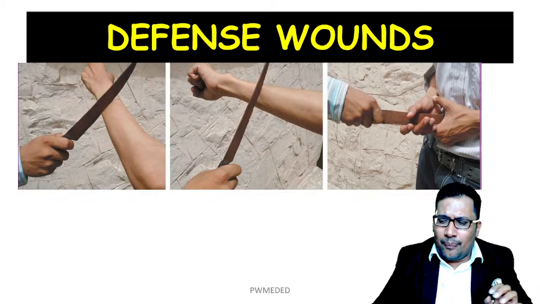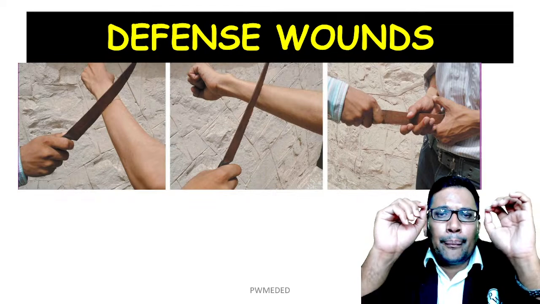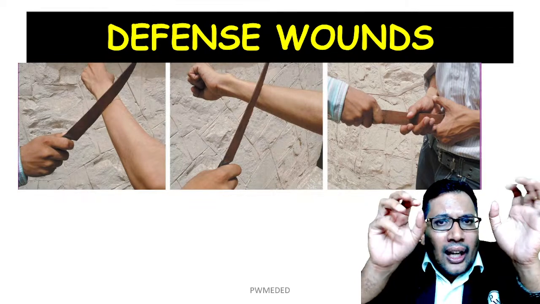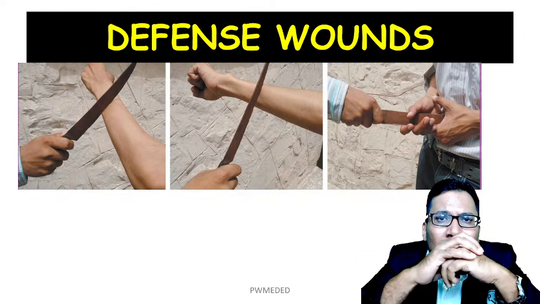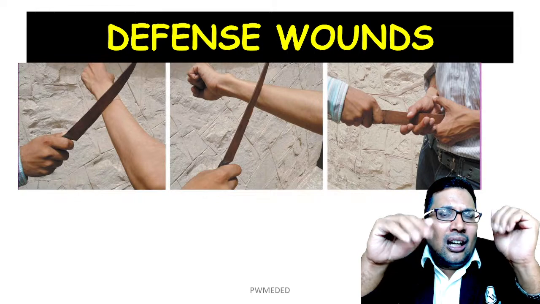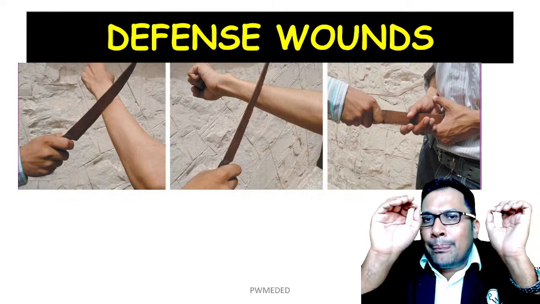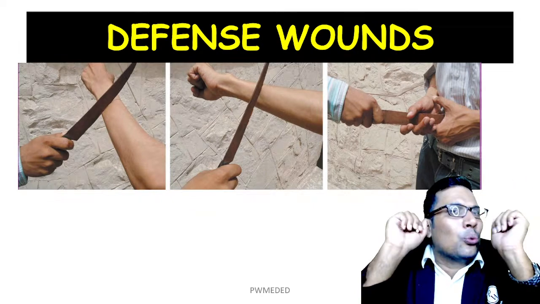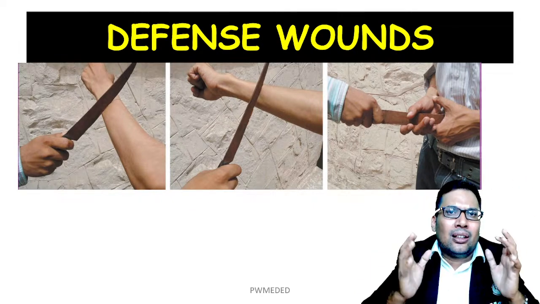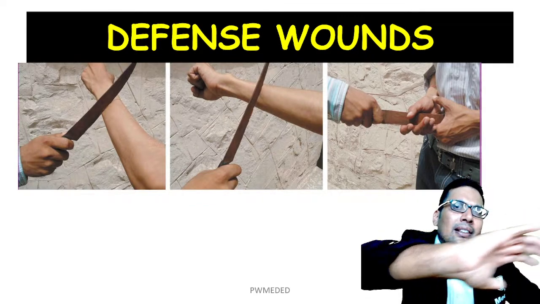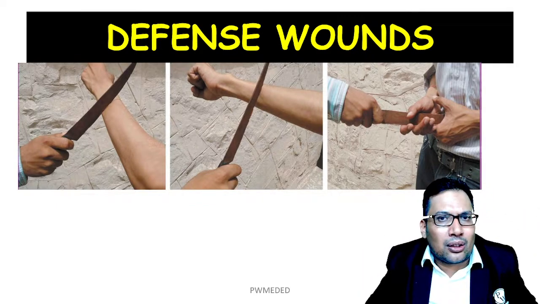Now defense wound. See, defense wound is basically of two types, active defense wound and passive defense wound. They are seen in a case of stab injury or incised wound when the victim tries to protect himself from the wound. He will try to hold the weapon, he will try to give the hand like this. This is known as defense wound.